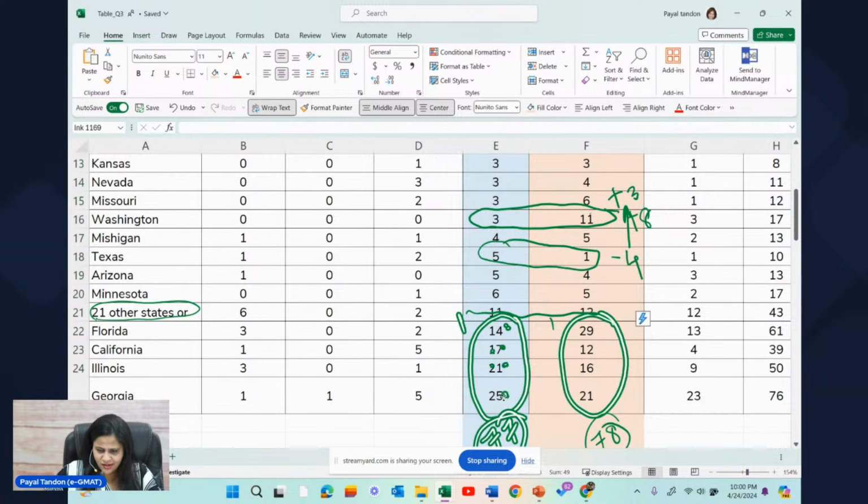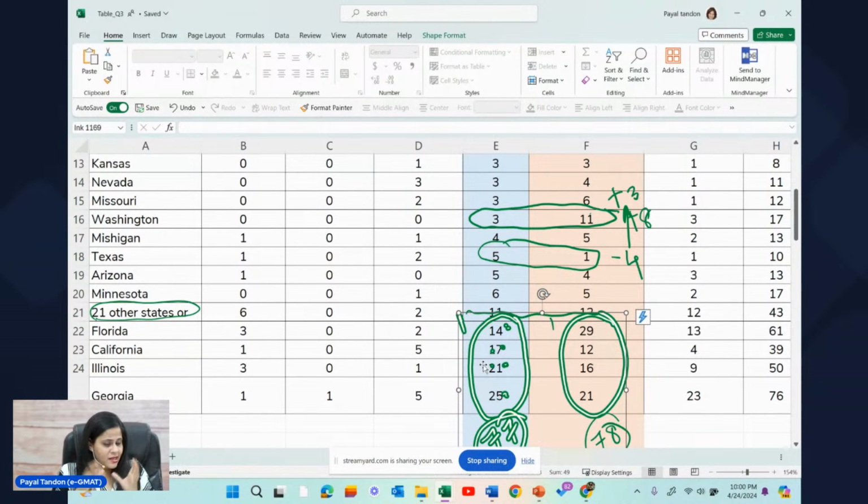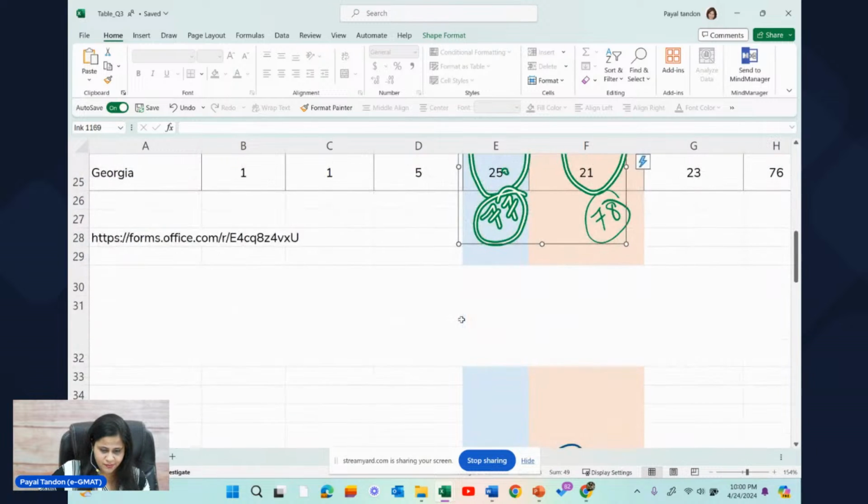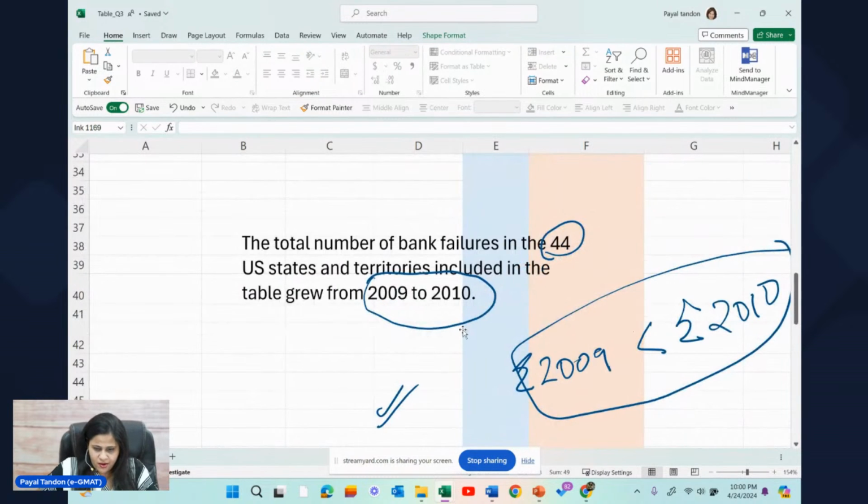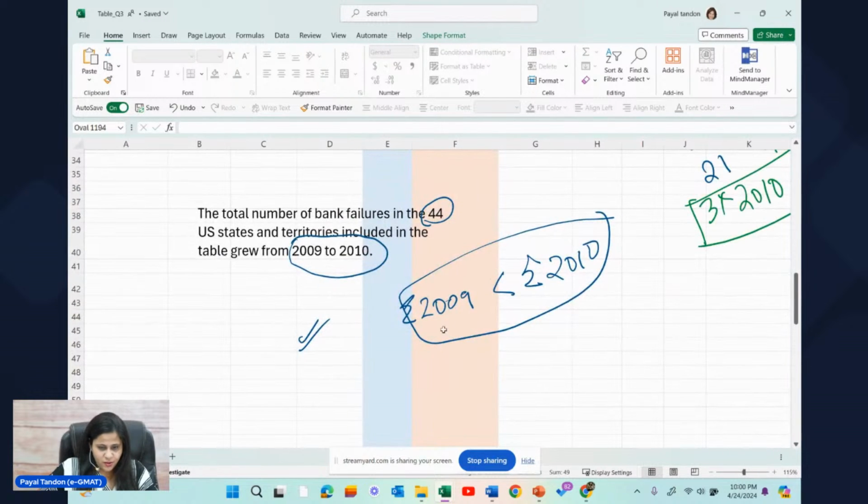You don't really need to do any specific calculations here. You can just do a ballpark estimate, and you can figure out that yes, 2010 was indeed larger than 2009, and hence the statement is correct. Okay, all right, so we are done with this question.